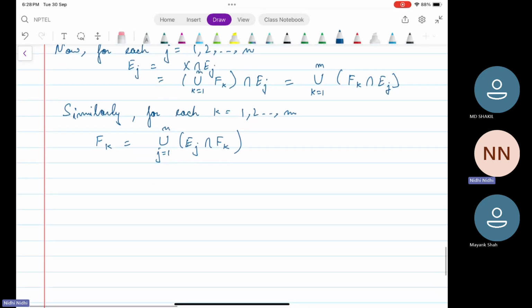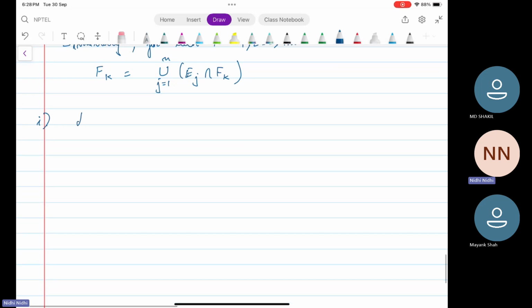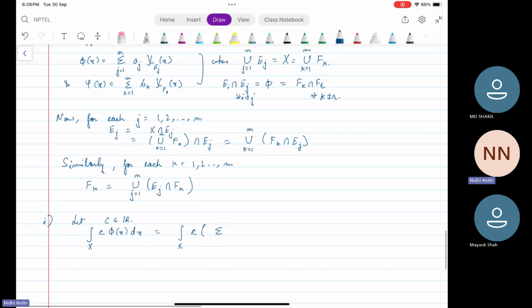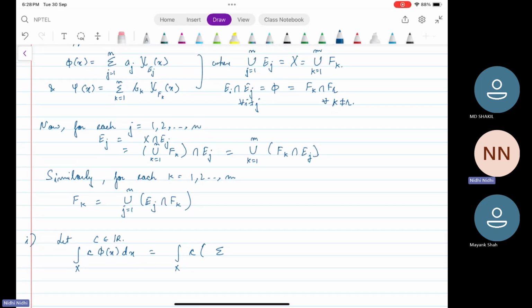So let's start with the first part. Let c be some real number. So the integral over x of c times phi x dx is equal to the integral over x of c times the summation, j from 1 to n, of aj times the characteristic function of ej at x, dx.